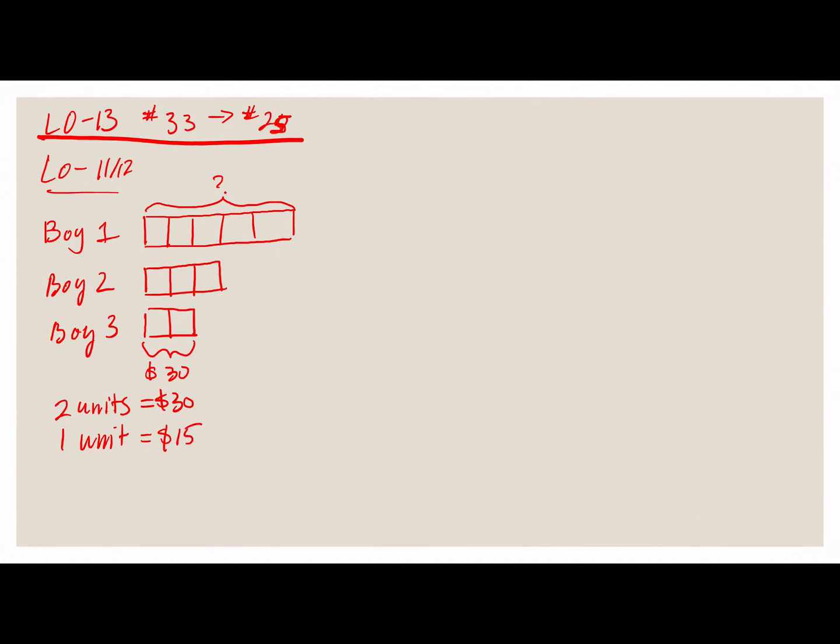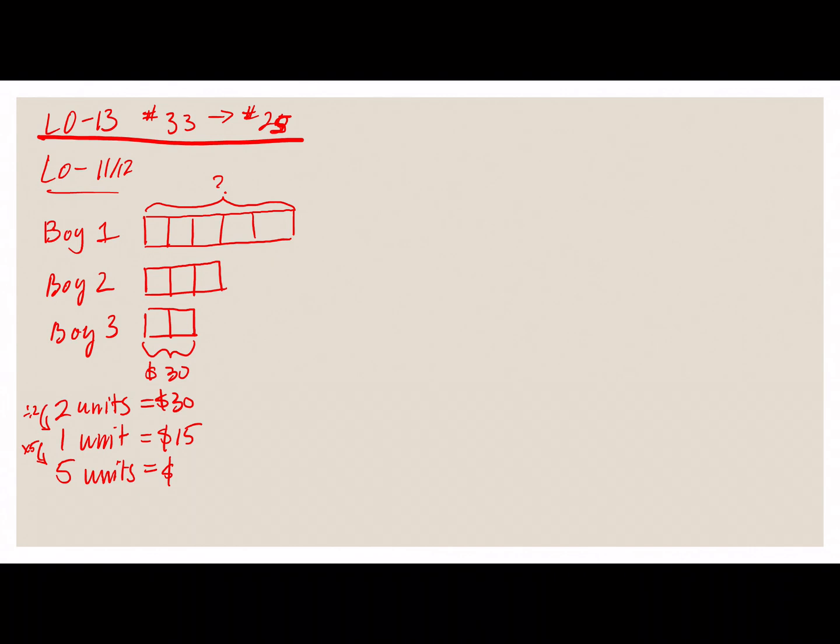Okay, then we're going to build up to 5. So I divide by 2. $30 divided by 2 is $15. Then, and 2 units divided by 2 is 1 unit. Build up to 5 units by using multiplication. 1 times 5 is 5. Okay, so breaking down by dividing by 2, building up by multiplying by 5. And then $15 times 5.